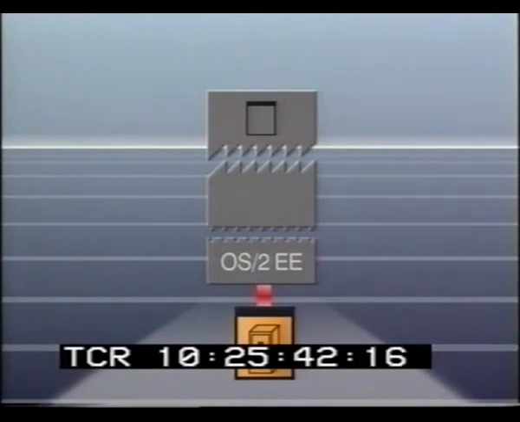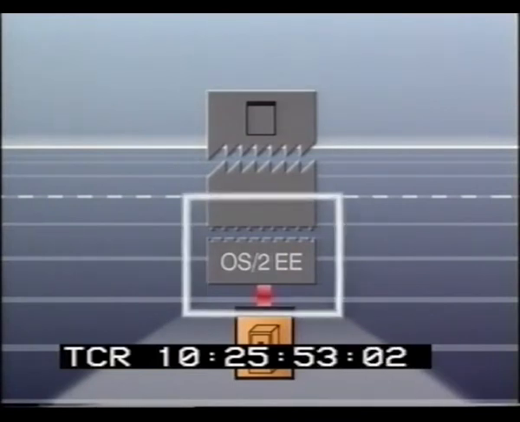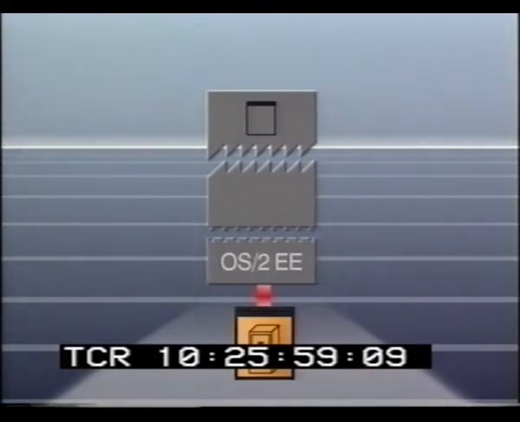SAA application support products consist logically of two parts: an SAA-specific part, which is the interface to the applications program, and a system-specific part, which is the interface to the operating system. This means that the services required by applications are converted into a format tailored to the operating system.